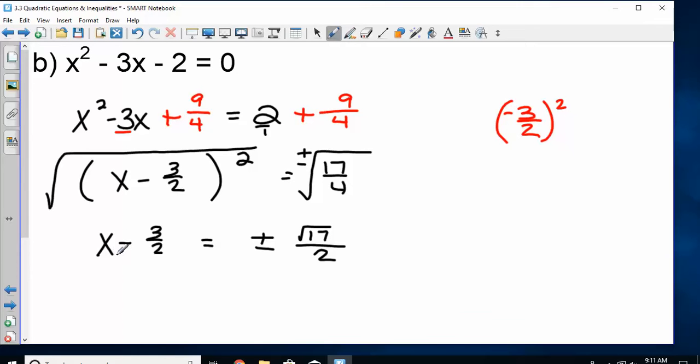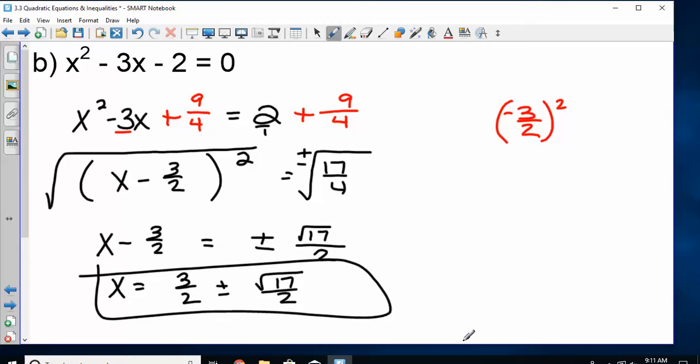Yes. So now we have to get the x by itself, so we add our 3/2. They're not like terms, so it's just 3/2 plus and minus radical 17 over 2. Okay, yes.